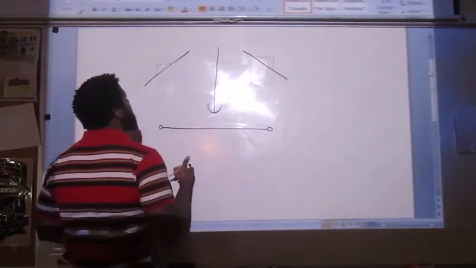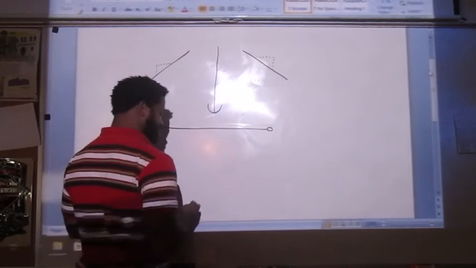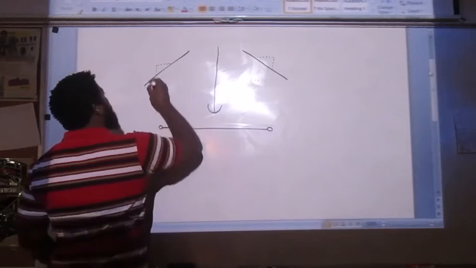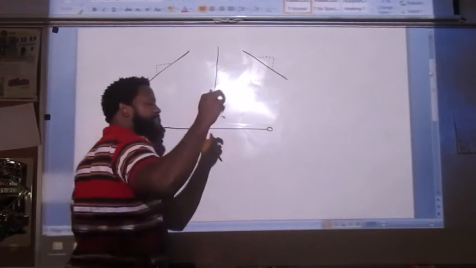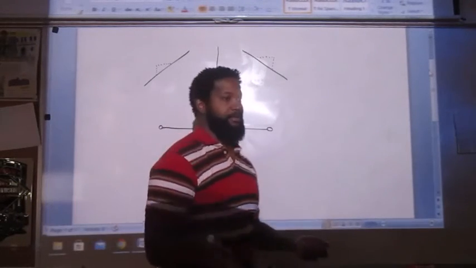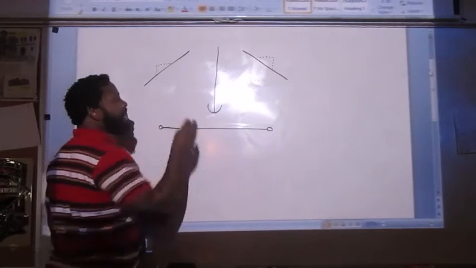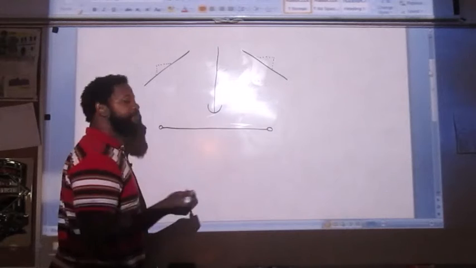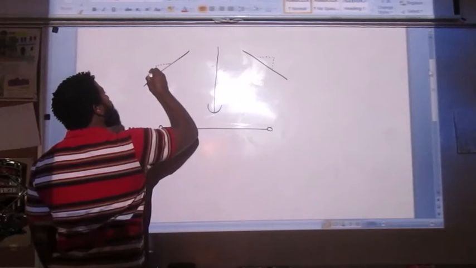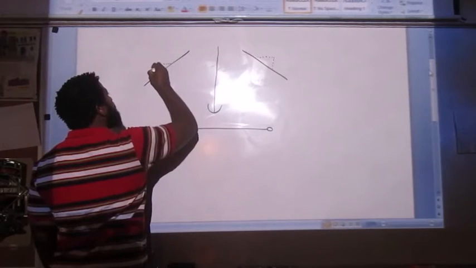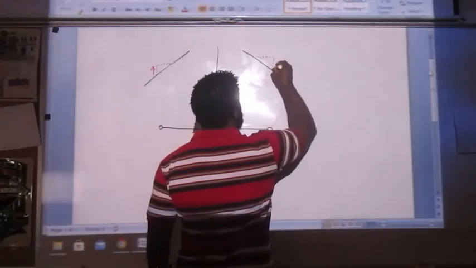First things first. This is what I teach my Algebra 1 kids, and this is what I'm going to teach them when we get to this. When you're graphing and you're trying to find the slope, you go up each and every time.